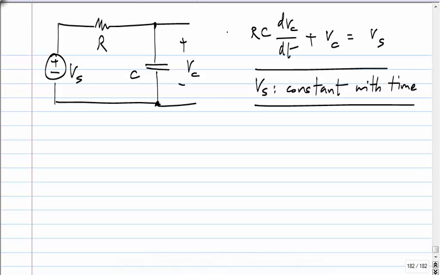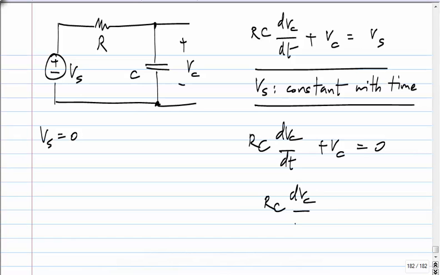It's actually very easy to see also for the particular case where Vs is 0, right? So in that case, you can see that Vc of t is on the right side and the derivative is on the left side.